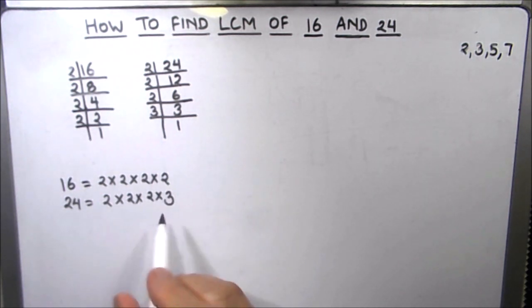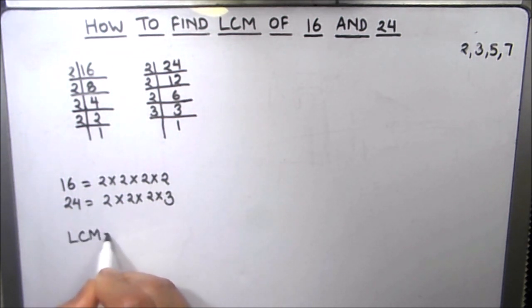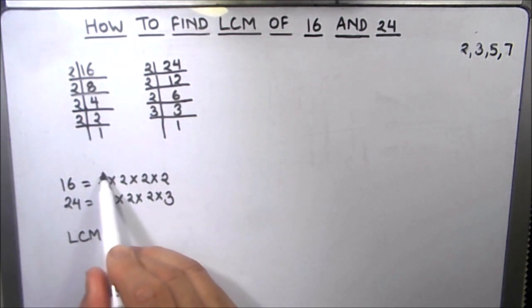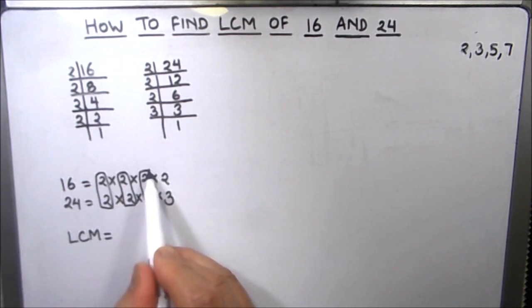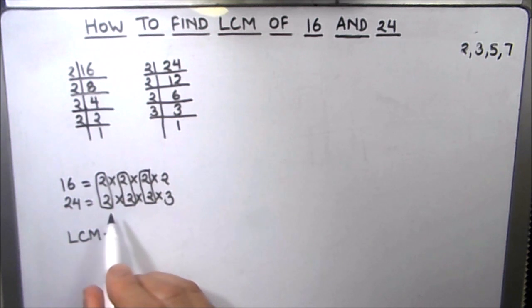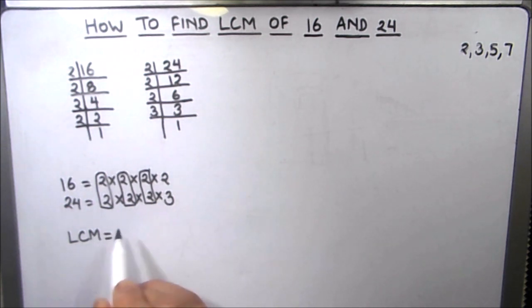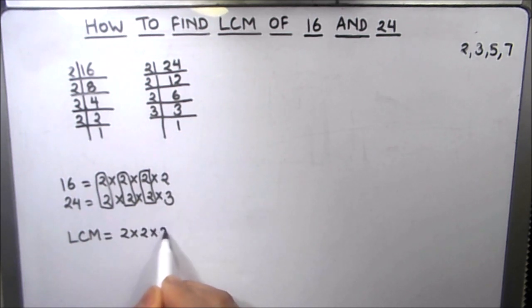For finding the LCM of the two numbers, we have to find the common factors between the two numbers and write the common factors only once. So here the common factors are 2. This 2 is also common and this 2 is also common between the two numbers. So we are going to write the common factors first, only once: 2 times 2 times 2.